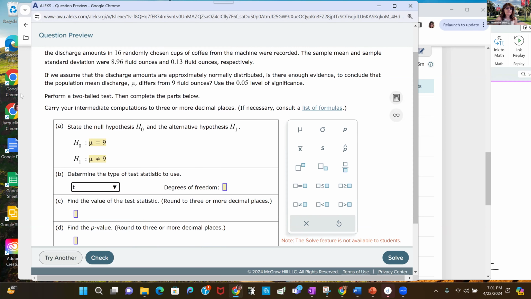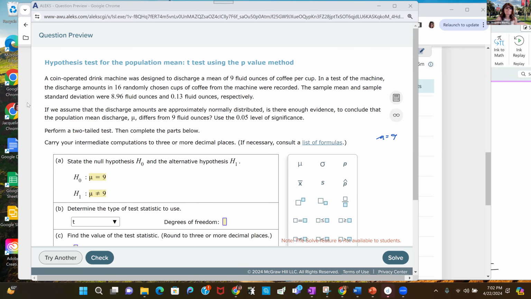So I could write down all the same stuff. We got mu is 9. We have a sample size of 16. So the degrees of freedom are 15. The sample mean is 8.96. Sample standard deviation 0.13.